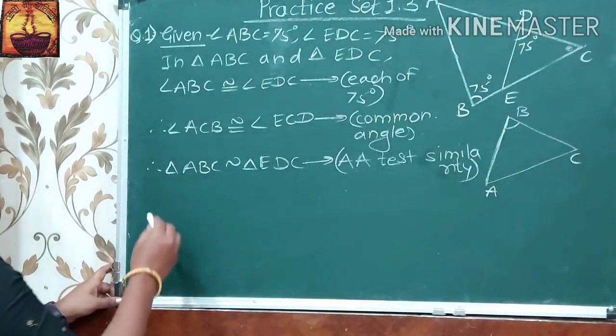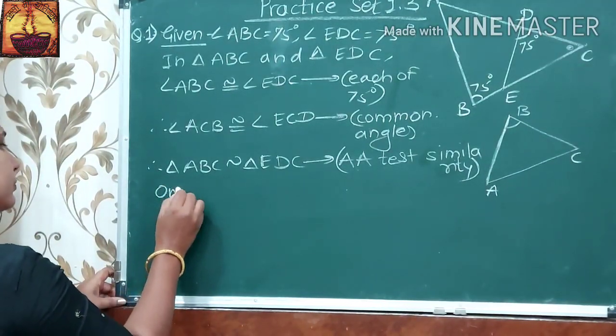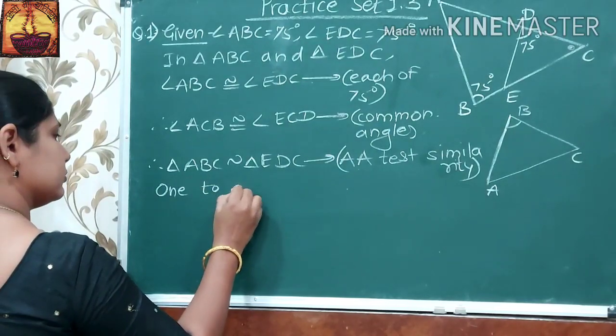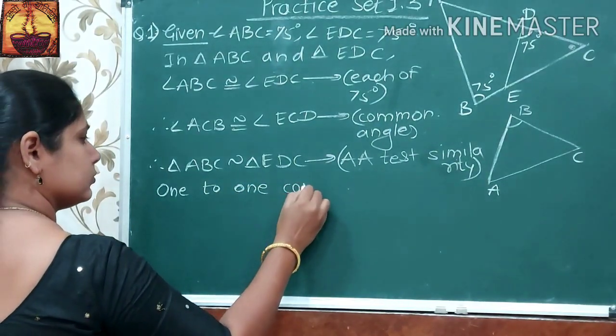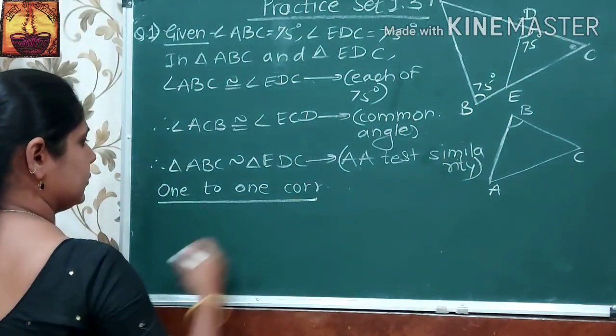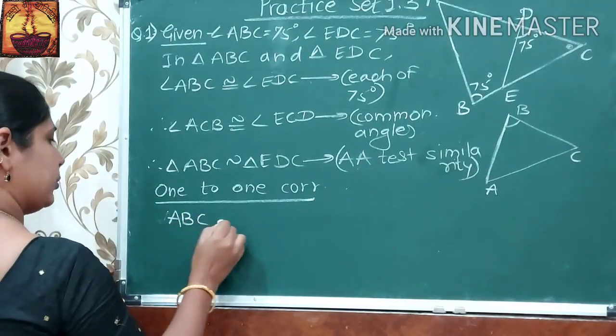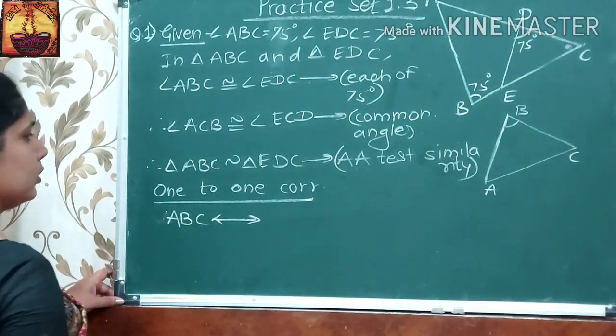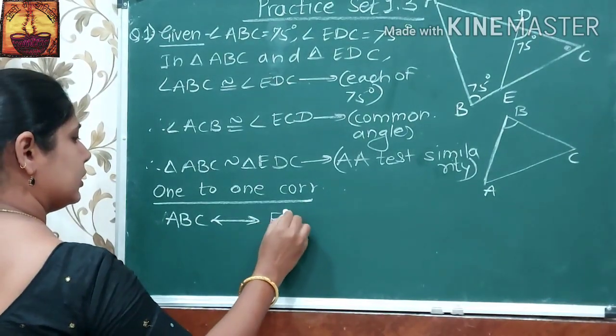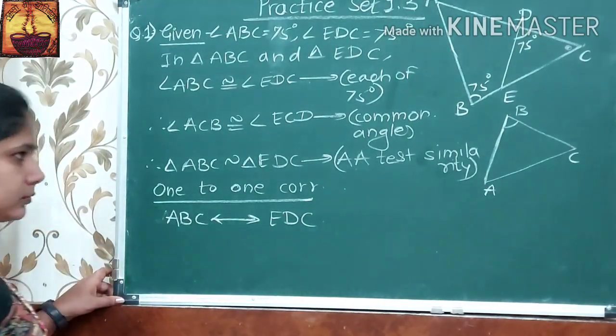And the one-to-one correspondence is ABC one-to-one correspondence EDC.